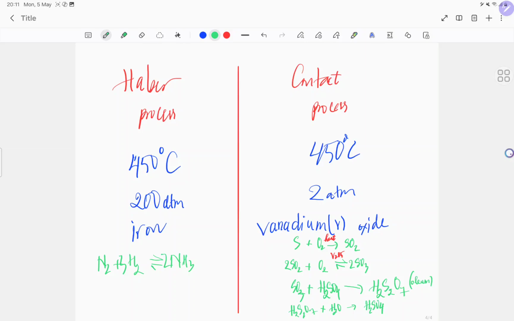So remember, the conditions of temperature, pressure, and catalyst are only for the reversible reaction here. Okay, so there's Haber, contact, and then there's one more.